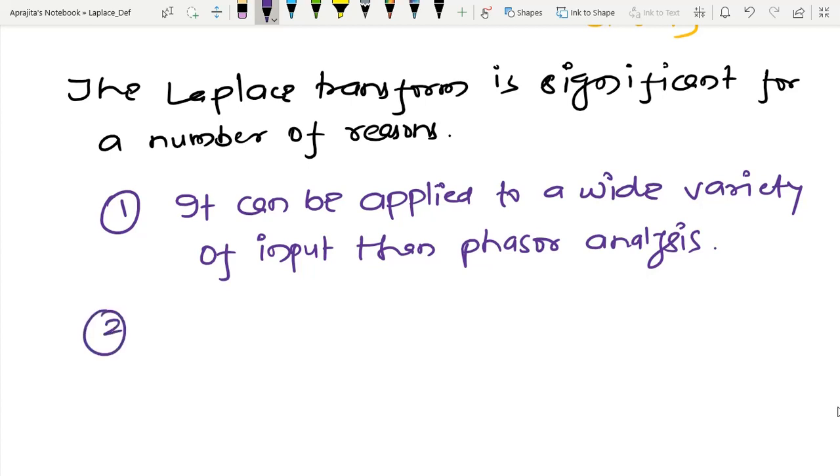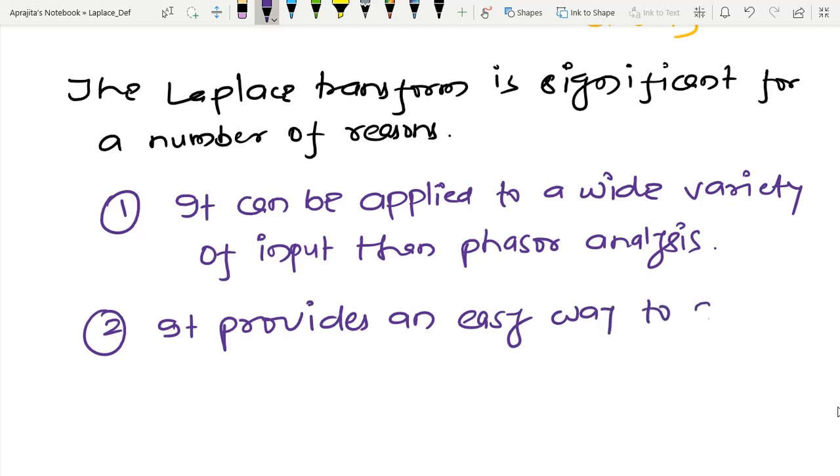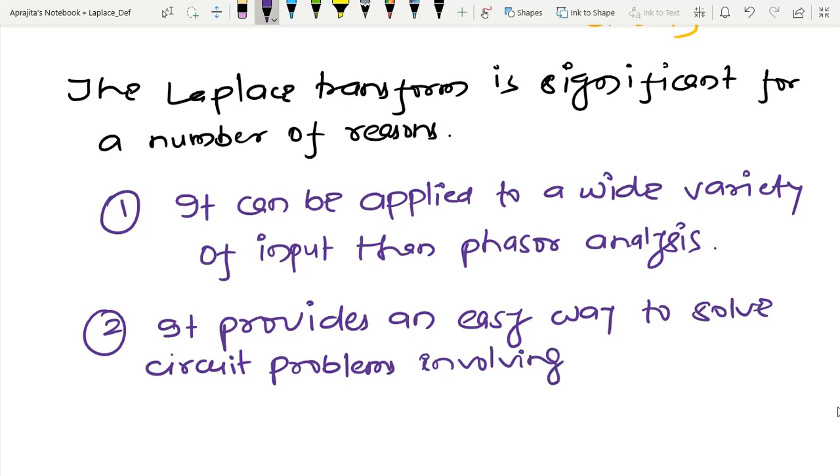The second important contribution of the Laplace transform is that it provides an easy way to solve circuit problems involving initial conditions.